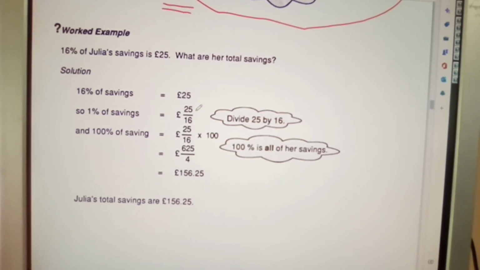We know that 16% equals £25. So we take the 25 and divide it by 16. That's your first stage to set down.